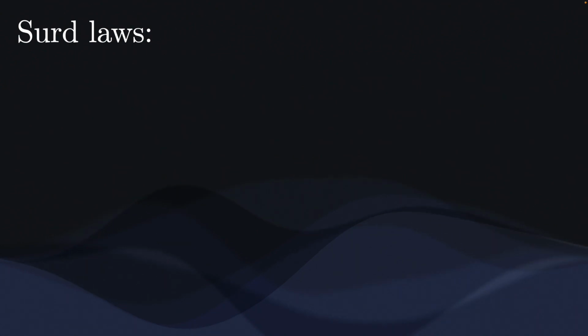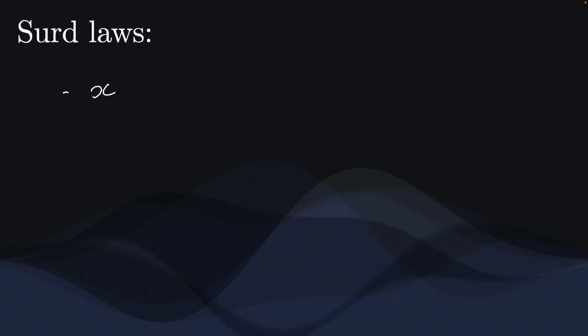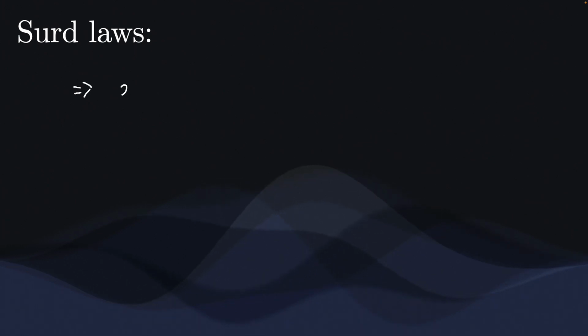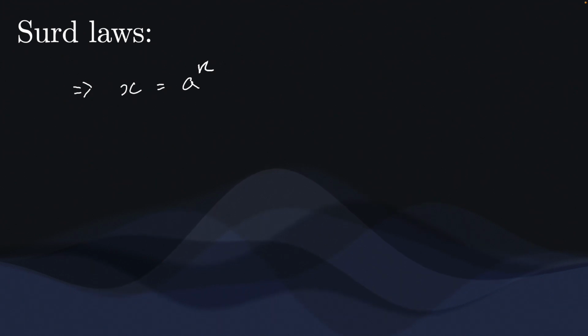Right, let's move on. There's one more surd law that's really good to know because it helps us a lot. And this one's slightly different, and you'll see why. Because let's say that some number x is given by some number a to the power of n.